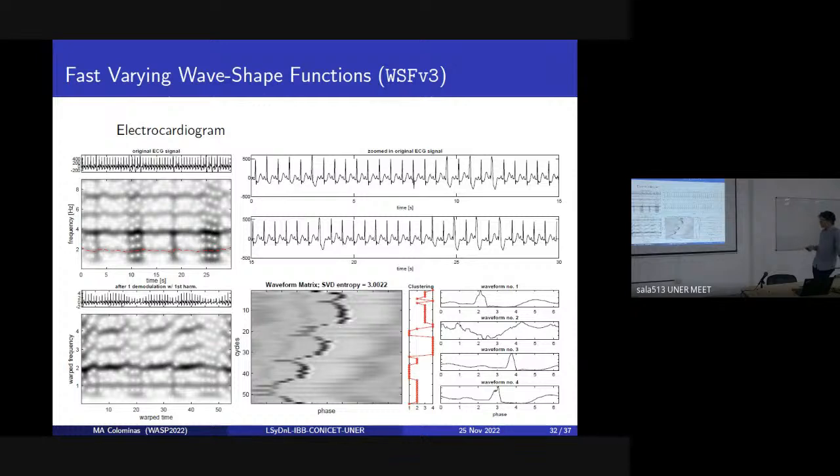But then we used instantaneous frequency to determine the size of a window. We resample all segments, so it's equivalent to warping. And we do almost the same for clustering. I was not aware of that.